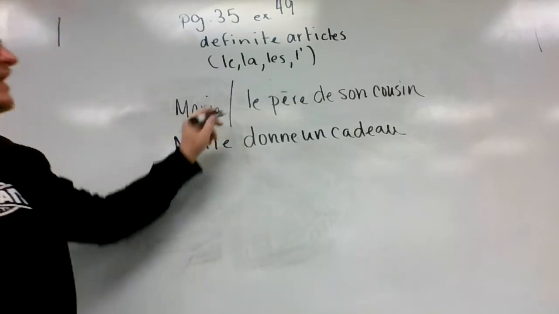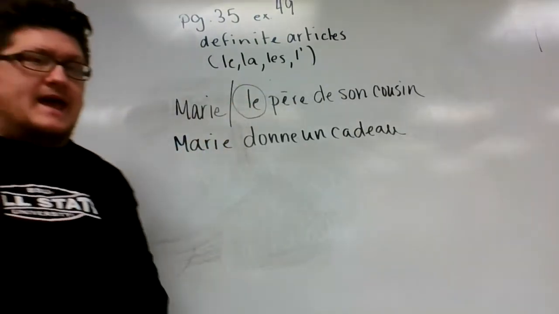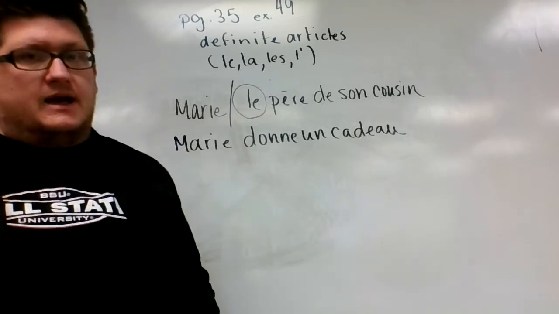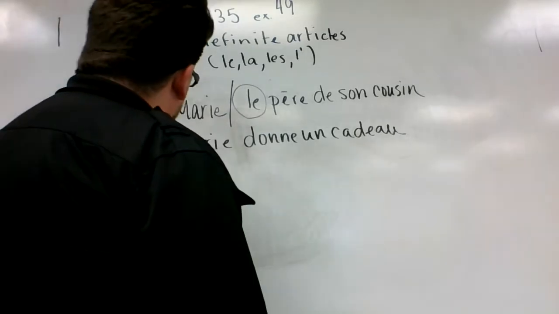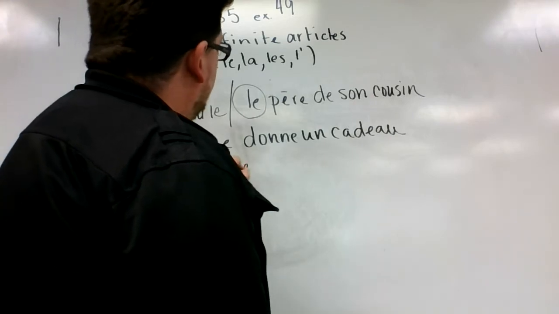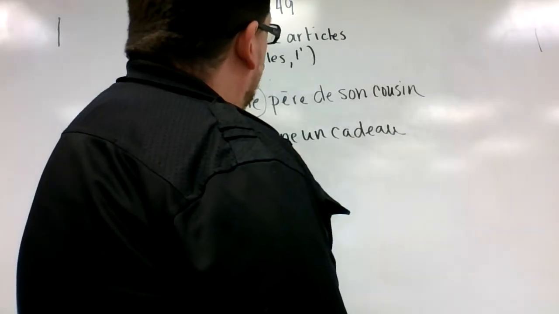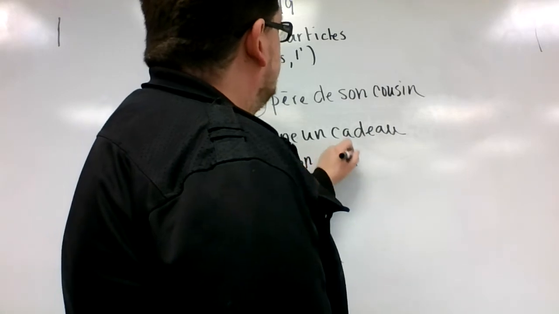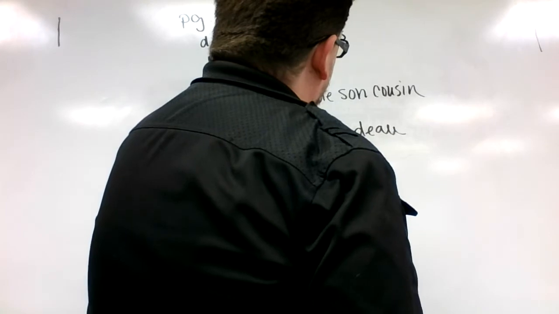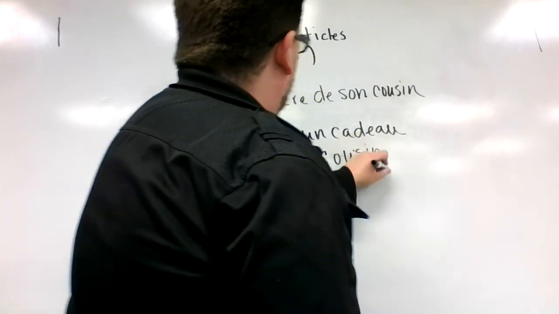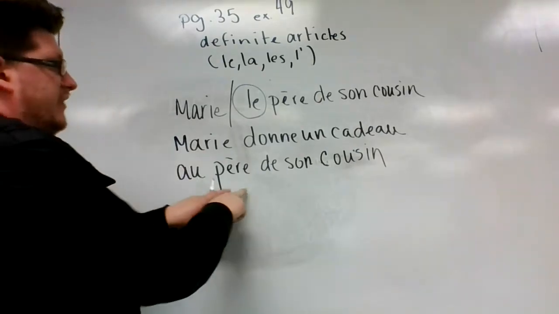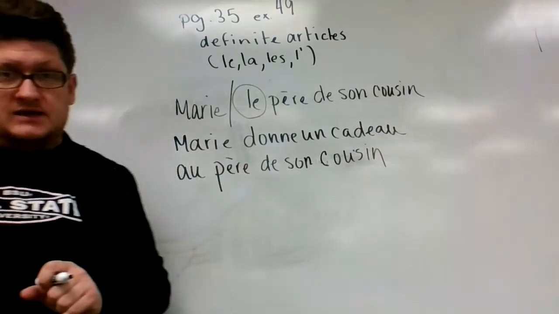Marie gives a gift. Then again, I'm looking here. It's le, which is masculine singular. So if you have à plus le, it becomes au. Like that: au père de son cousin. So Marie gives a gift to the father of her cousin.